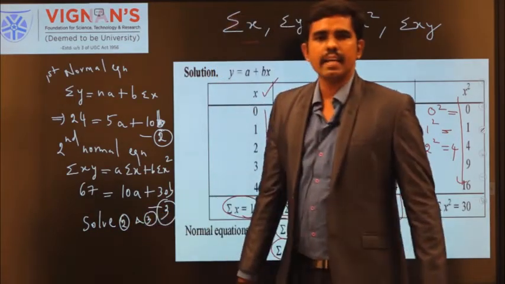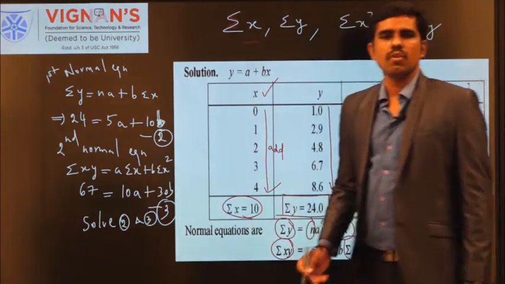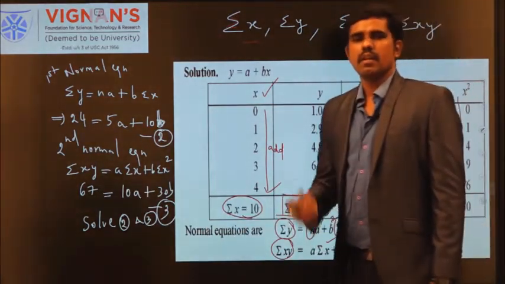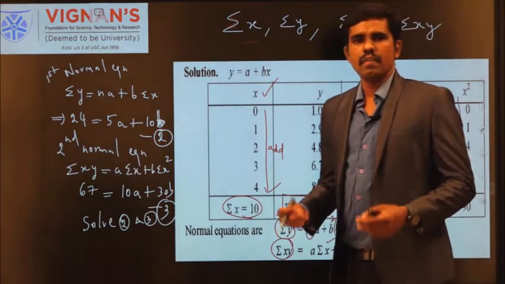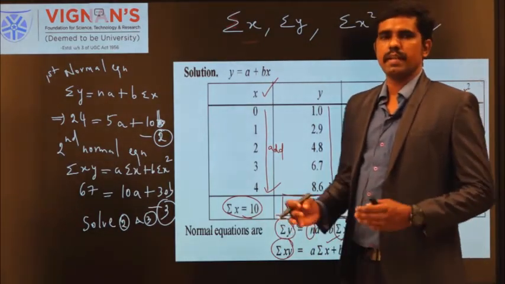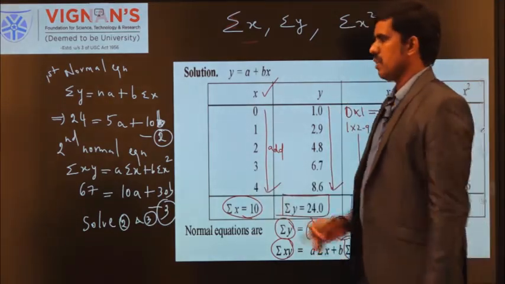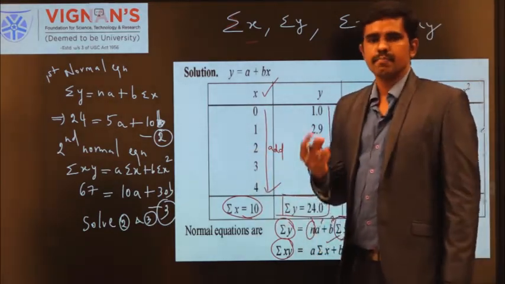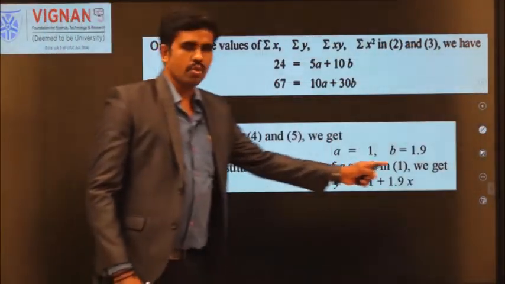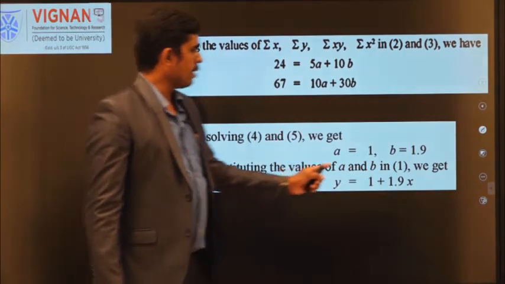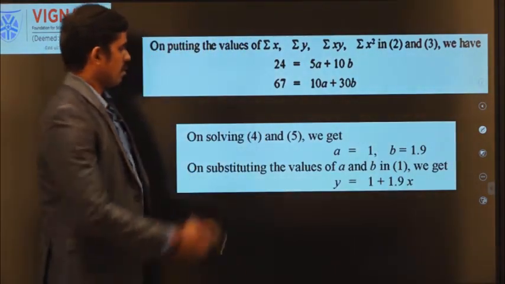By using a calculator also we can find the values within half a second. If you don't know, I will explain during the class how to find the values of a and b using a calculator. After solving these two equations, I get a is equal to 1 and b is equal to 1.9.